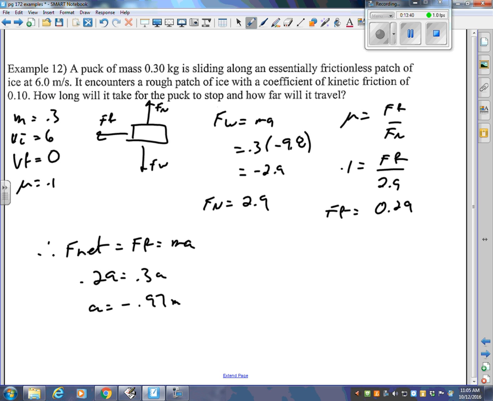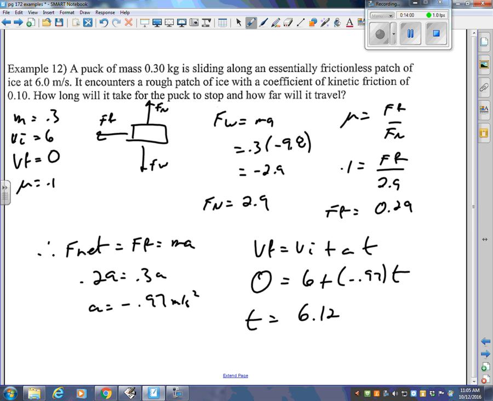It probably depends on how you round this 2.9 here. Then that goes into Vf equals Vi plus at. Final velocity is 0. The initial is 6, so 0 equals 6 minus 0.97t. And so you get a time of 6.12 seconds, just roughly more than 6.